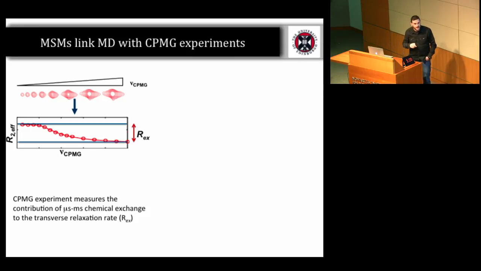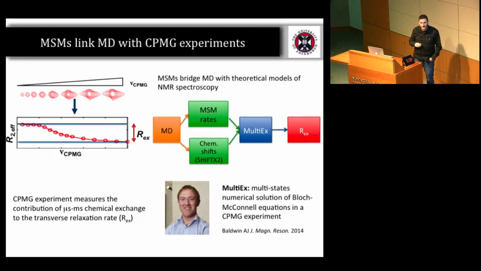Simon already talked about trying to predict this from MD yesterday. We followed a different approach. We contacted Andrew Baldwin at the University of Oxford, and we asked him to use his Chemex program, where we could fit MSM rates from our trajectories and a set of chemical shifts that we compute with SHIFTX in order to predict these Rex contributions. However, if we did that just with the MSM rates that we got out of the model, we discovered that we were not able to reproduce the CPMG experiments.